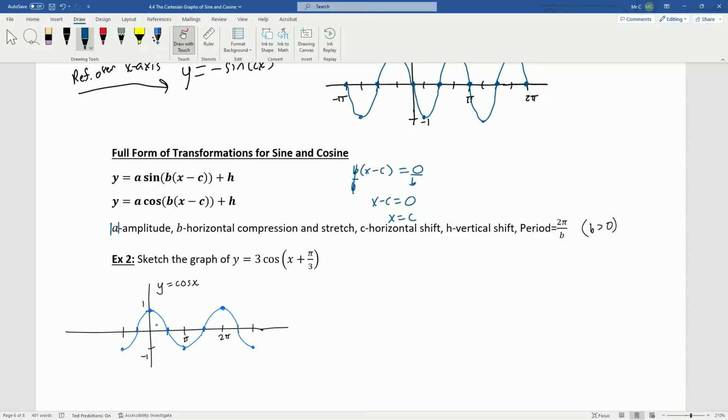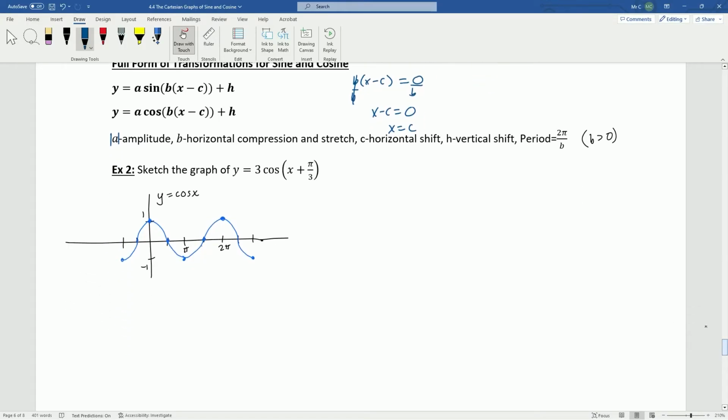So here I've graphed a little past one period of cosine, because I'm not going to do a whole bunch of repeats of the period every time. That's not necessary. But we're going to sketch this graph y equals 3 times cosine of x plus pi over 3. So first thing I want to figure out is, what is my horizontal shift?